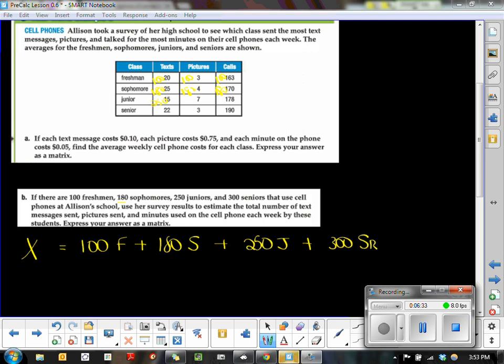So what we want to do is take 100 times our freshman texts, pictures, and calls. So that's 100 times our 20 for text, our 3 for pictures, and our 163 minutes. Plus, now we want 180 times our sophomores, and our sophomores have a row matrix of 25, 4, and 170.